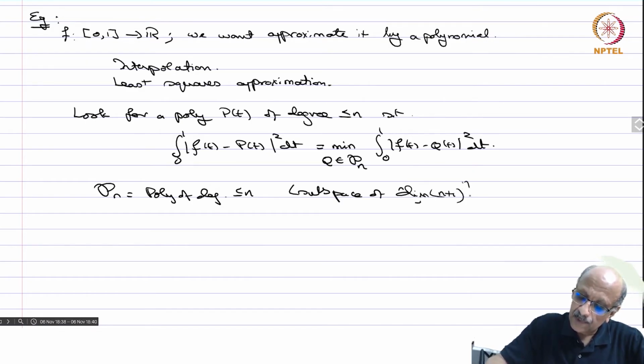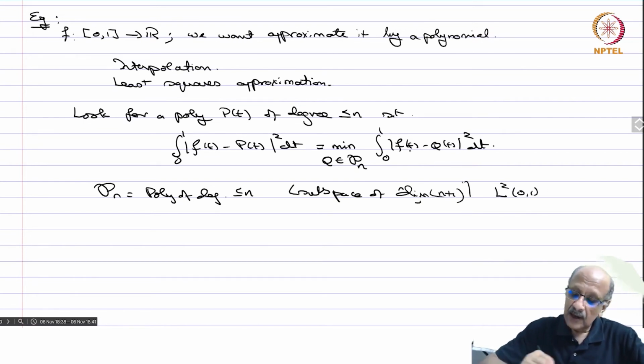We are going to look in the space L2 of 0, 1 because we are taking integrals here, and L2(0, 1) is a Hilbert space. You have a finite dimensional subspace, therefore it's a closed subspace. Then we know that you can always find a proximinal point. That means there exists a unique polynomial p which satisfies this condition, and that's called the least squares approximation of f.